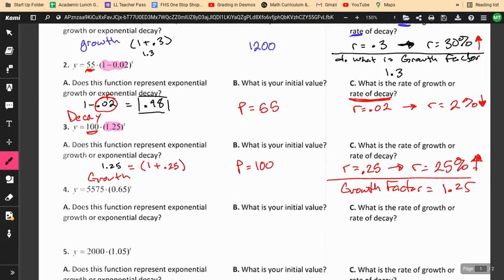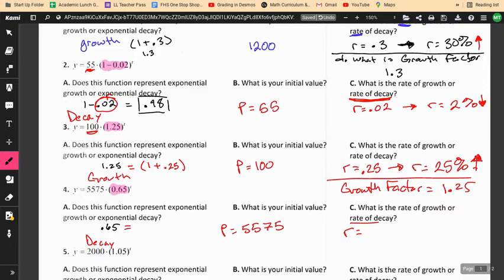And then the last example that I'm going to do is example 4. So again, I look at the B value, 0.65. That tells me that this is a decay because it's between 0 and 1. What's my initial value? It's 5,575. And then what is the rate of decay? This one is the tricky part, right?